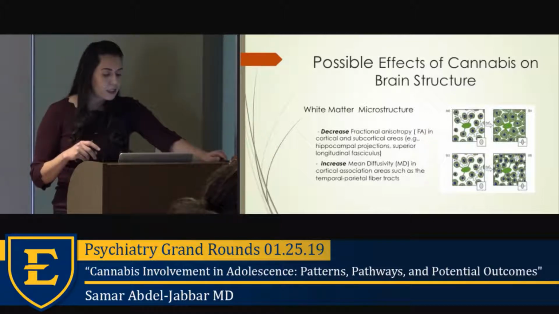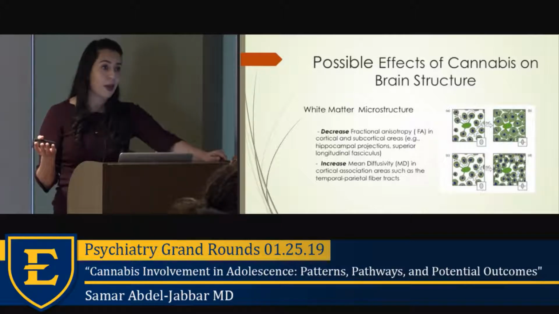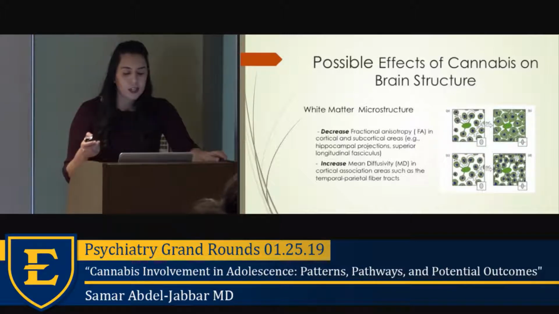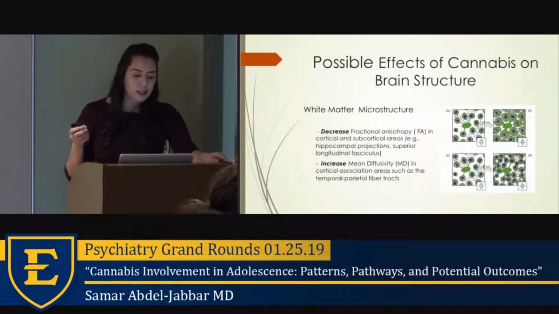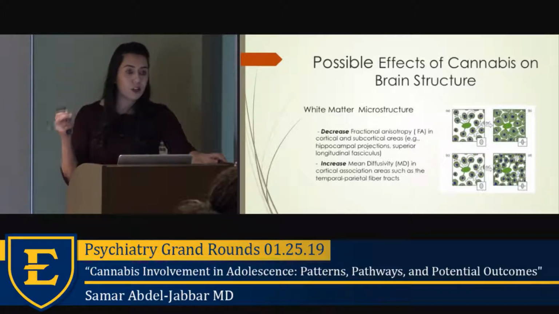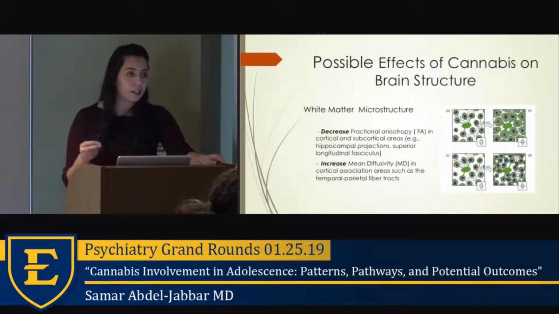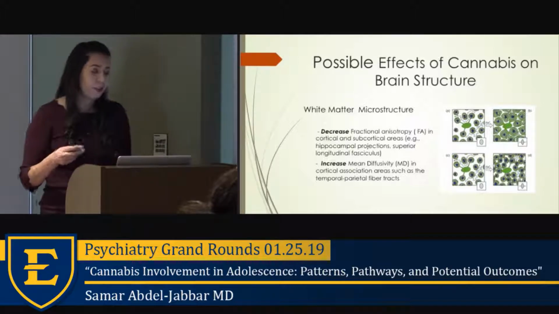Those are the two indices we use to identify alterations in healthy white matter. In healthy white matter development from a young child to early adulthood, you would want to see increased FA and decreased MD. So what is FA?